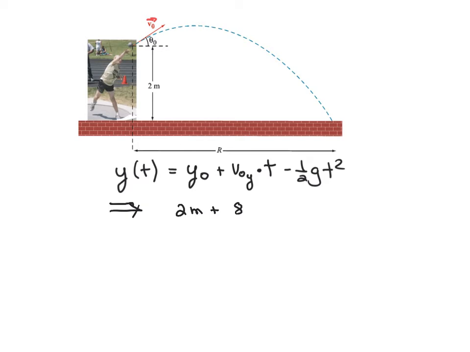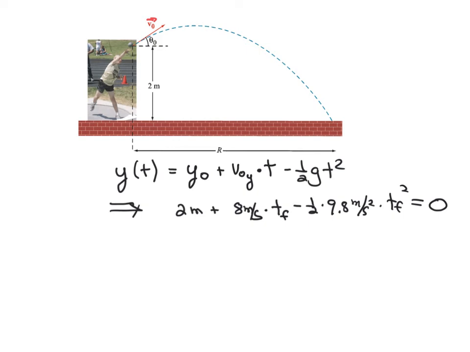So the y component of the initial velocity is 8 meters per second. And I'm going to plug in t equals t sub f, minus 1/2 times 9.8 meters per second squared times t sub f squared, and that when t is equal to t sub f, the y component is 0.